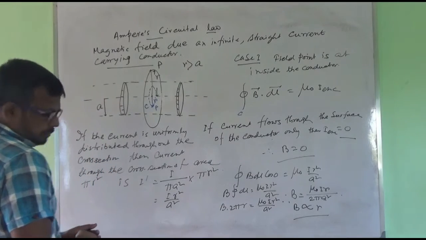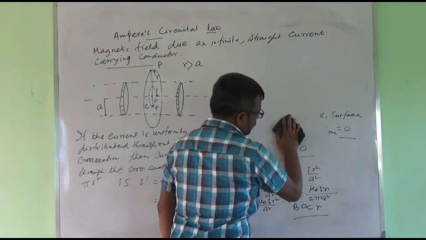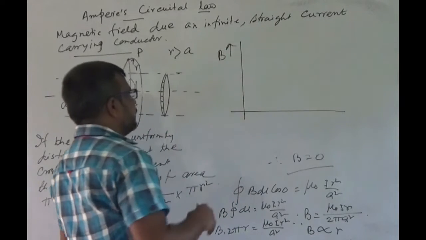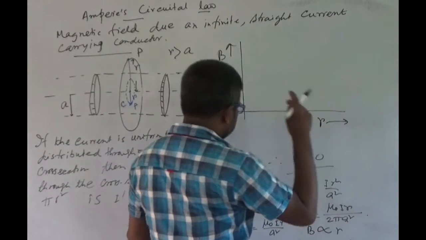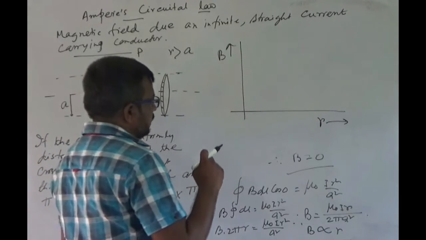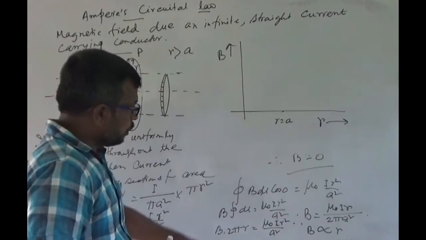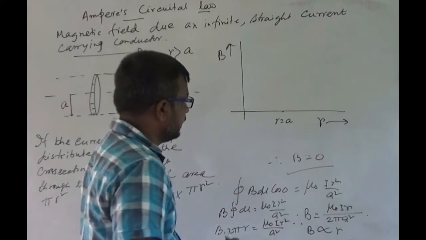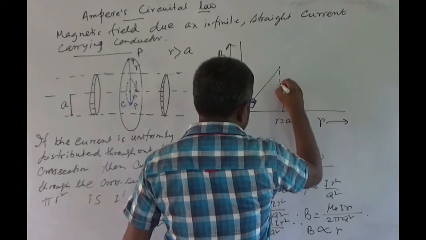Now we can plot the magnetic field at different points due to a current carrying conductor. Let us take the magnetic field B on the y-axis and r, the distance from the axis of the conductor, on the x-axis. Then up to r equal to a, the field is proportional to small r, and it is a straight line, y is equal to mx, right?